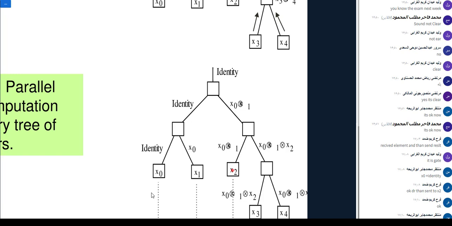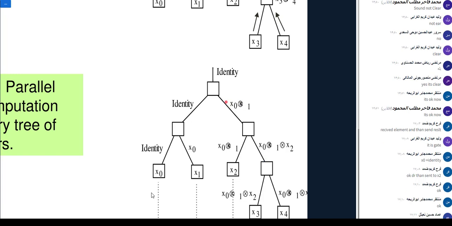X2 is from left. So what is received from up is moved to left, and the combination of left and up is moved to right. The up is x1 and left is x2. It is moved to right.